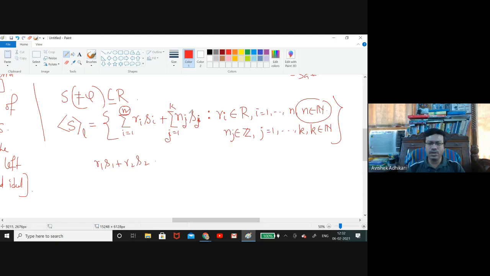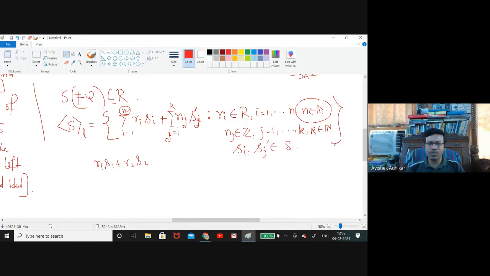It's better to put S dash. You may be confused with S1 here and S1 there, but this S1 and this one should be different. Like S_i, S_j dashed belongs to S.